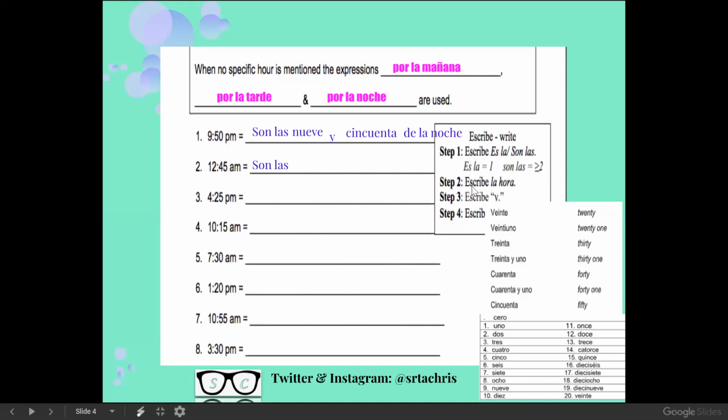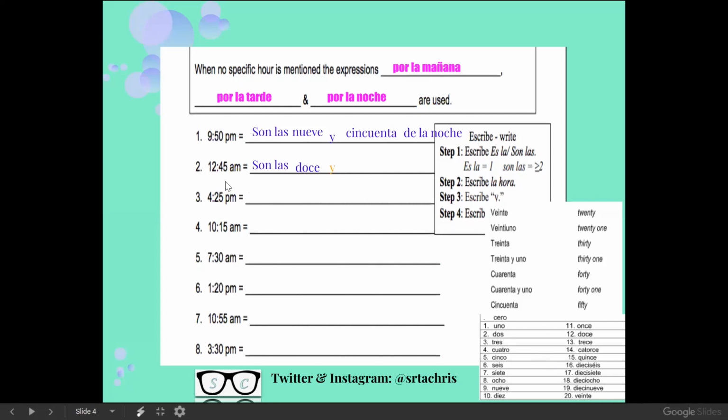Step 2 tells us to write the hour. Find the answer for the hour in Spanish, looking at the notes on the right-hand side of the screen. If you said doce, that's correct. Son las doce. Step 3 is to write y to show an addition of minutes. And then step 4 is to write the minutes in Spanish.